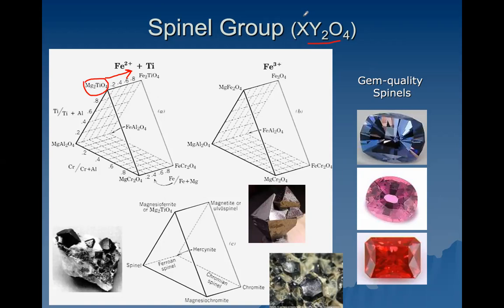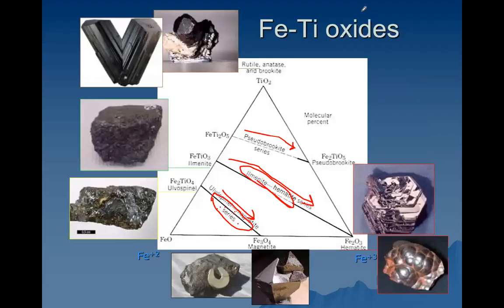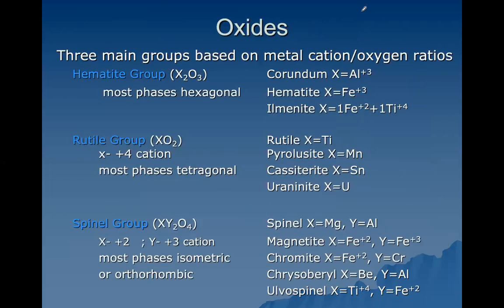Although we just consider x and y for simplicity, this x and y can again be replaced by various elements, right? So although we consider x at the beginning in the spinel group here, x can be magnesium, y can be aluminium, right? So we have some other species also, chromium, beryllium, likewise, right? So this composition can be variable.